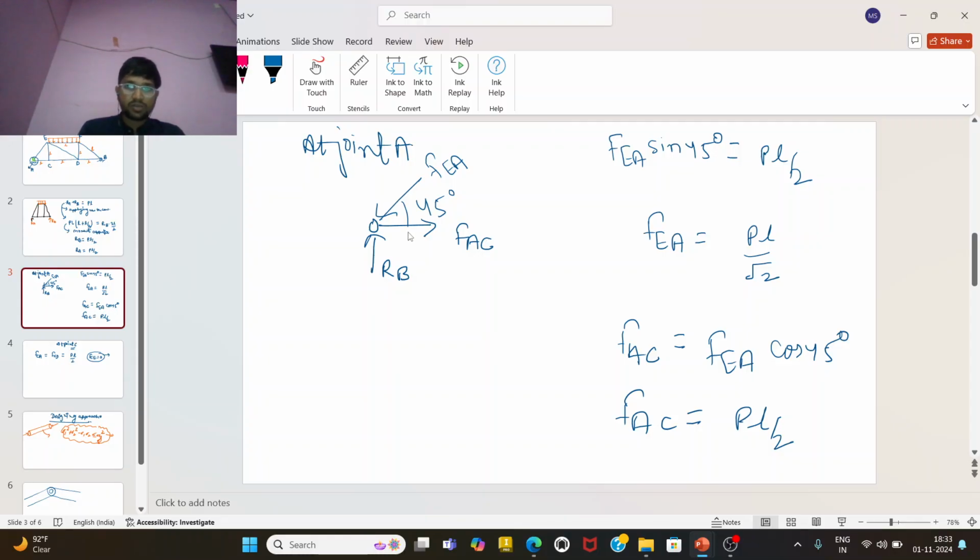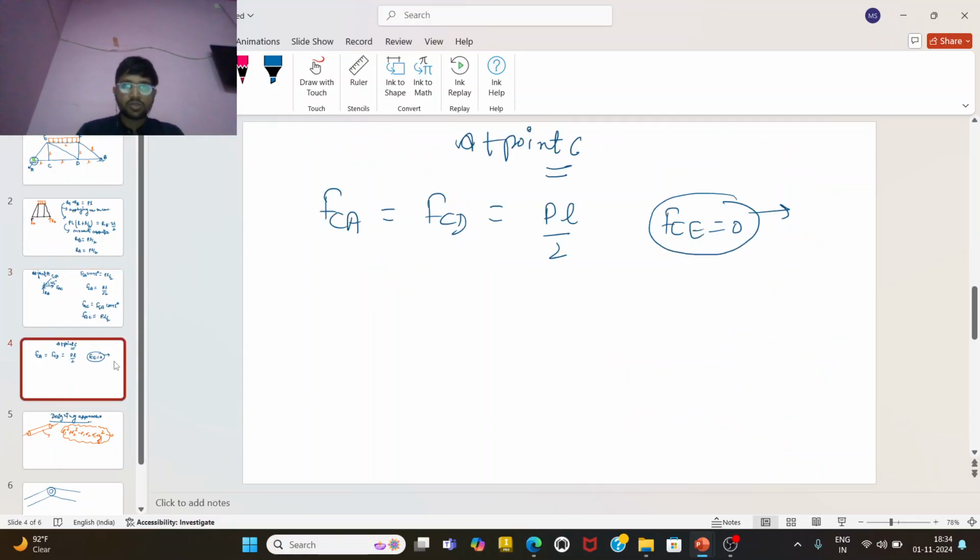The sine component is balanced by RB. FAC, the cos component, is balanced by the cos component of FEA, and FAC is PL by 2. It is so simple.